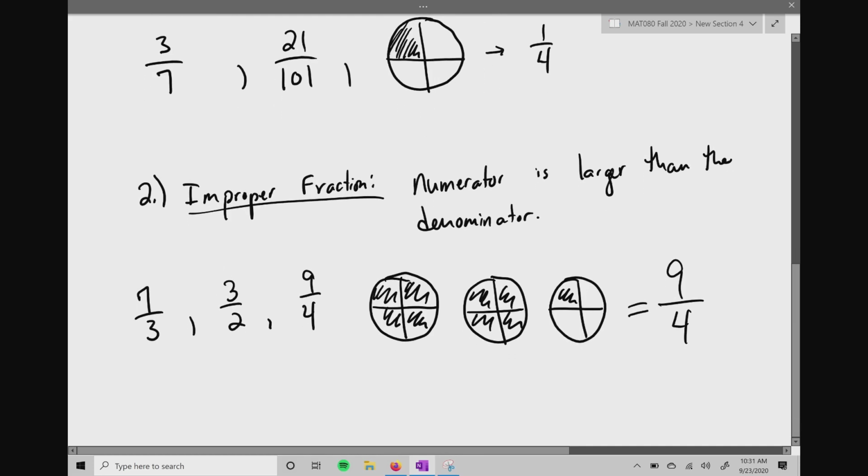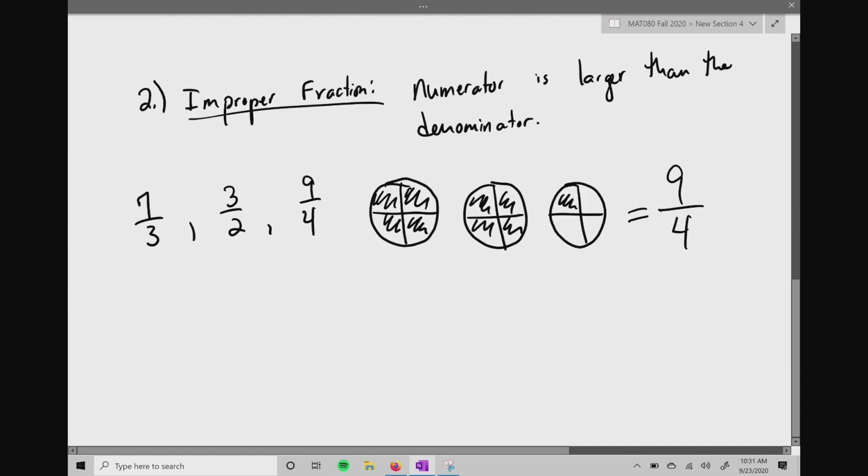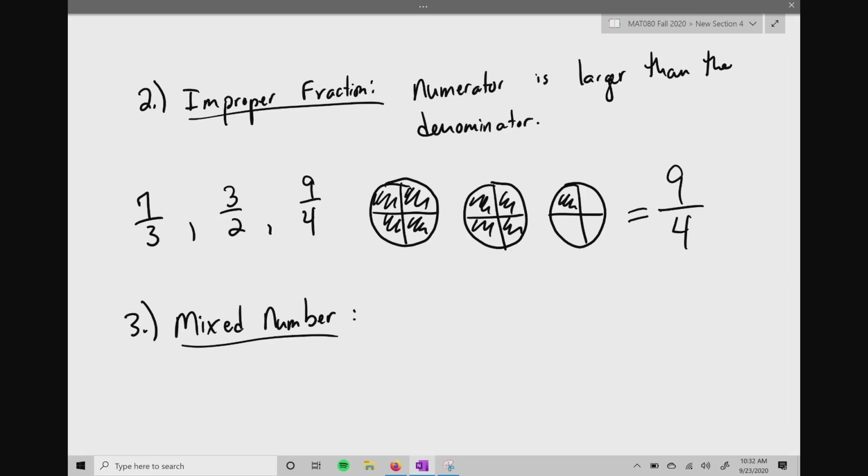All right? Now, the last type of fraction we have is related to the improper fraction, okay? And this is called a mixed number. Now, up above, we'll go over what it is in a second. Okay? Like the definition.